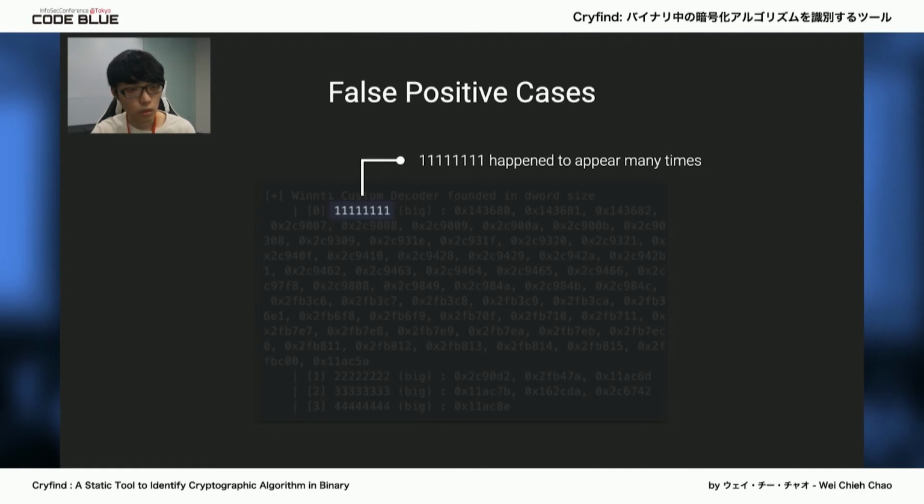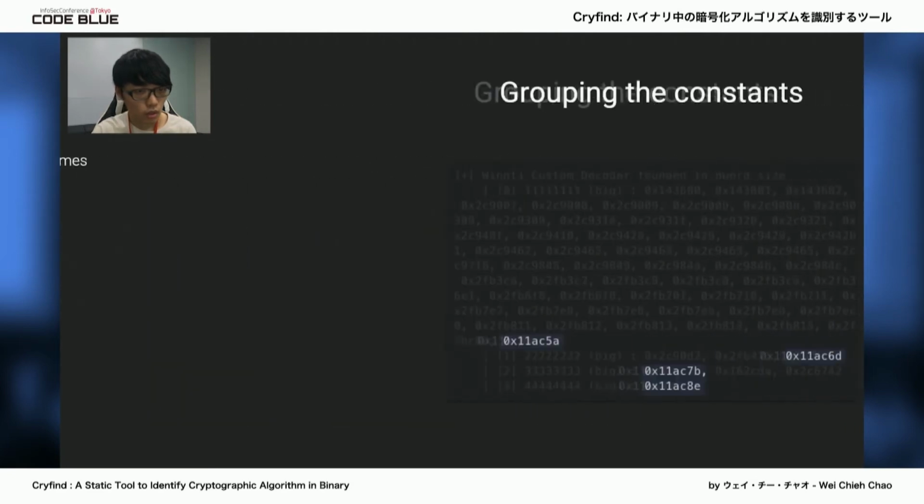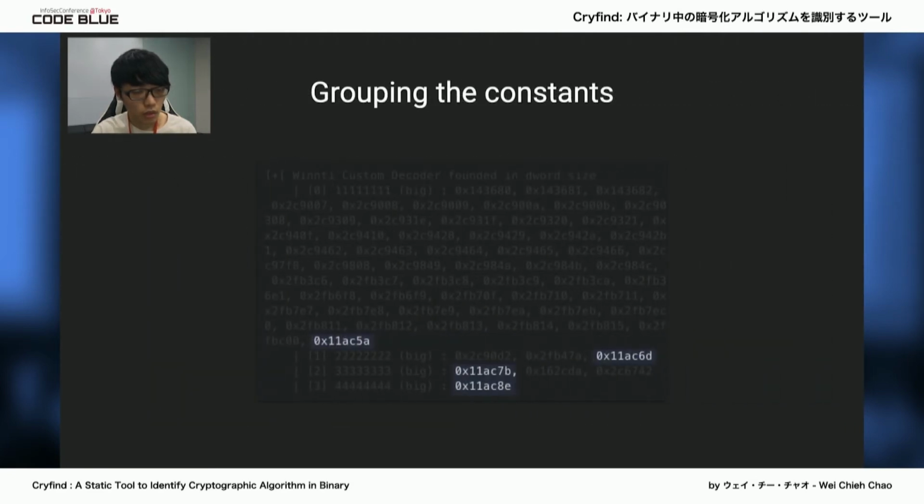So 1111 happens to appear many times here. But actually, there should be only one group of constants, like the highlighted section.